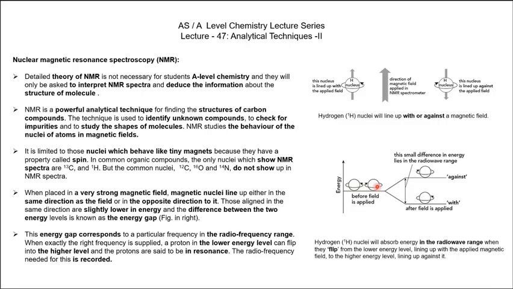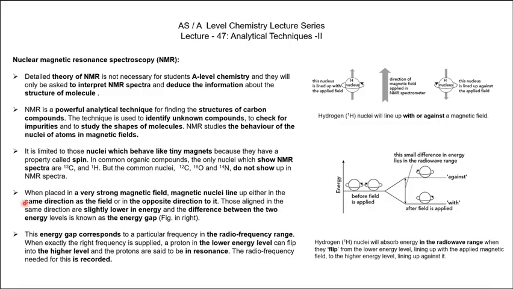After applying the magnetic field, one has this energy, and the one against the magnetic field has a little bit higher energy. This difference of energy lies in the radio wave region.